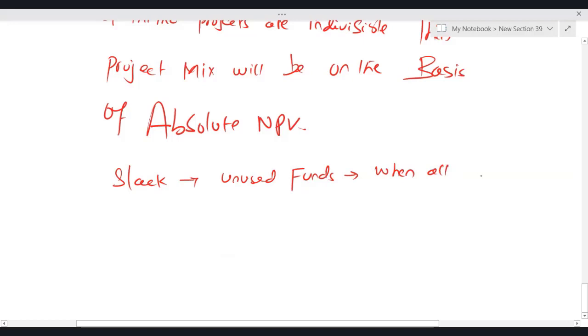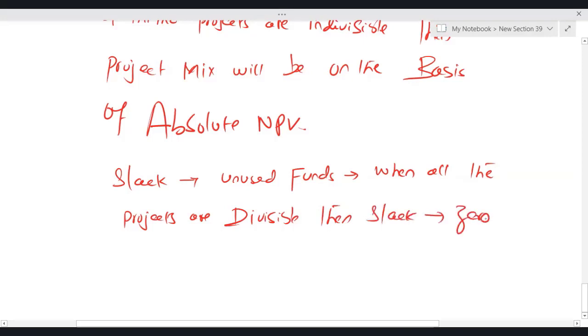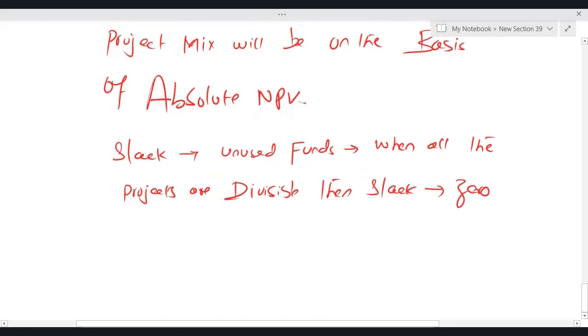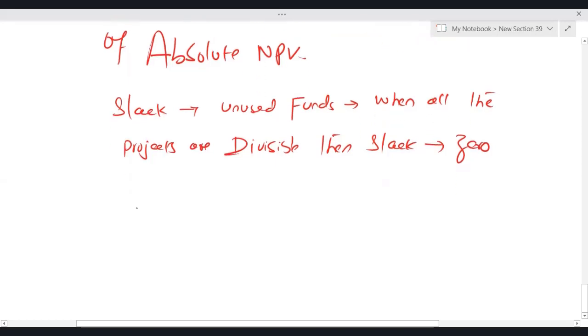When all the projects are divisible, then slack is always 0, because if all the projects are divisible, it means even a single penny will not be left, it will also be invested. Slack means unused funds.